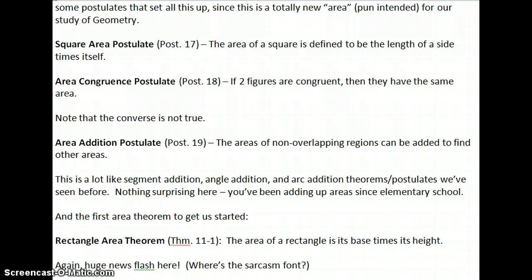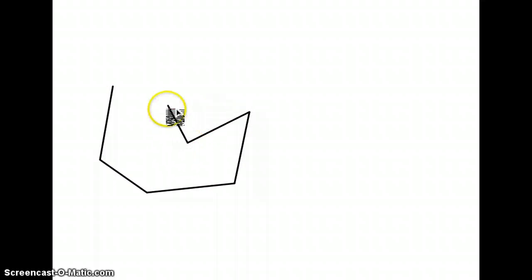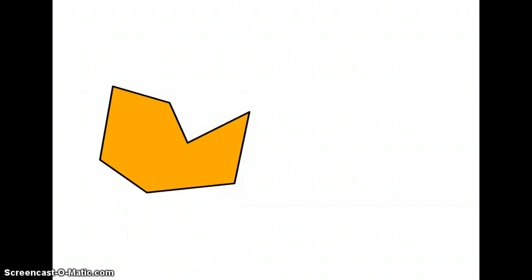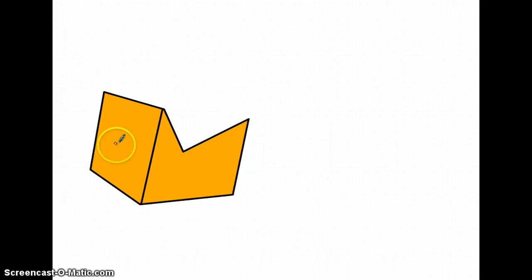Area addition postulate. This comes up when you have some weird figure and you don't know how to find the area of it. But say I have this wacky figure and I don't exactly know how to find the area of it, but I know enough about it to know how to chop it up nicely. Maybe I know that this little part here is a trapezoid, and that's kind of easy to find the area of.